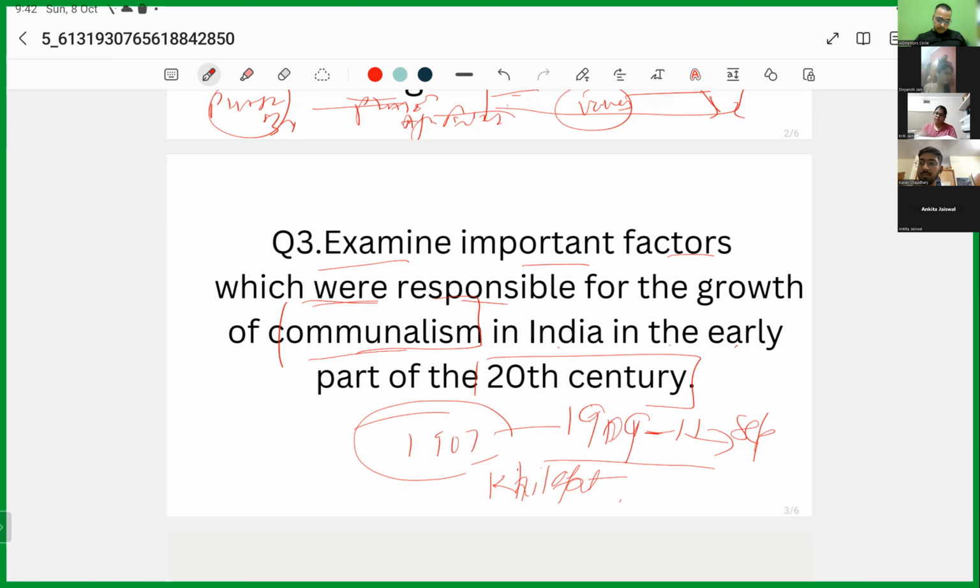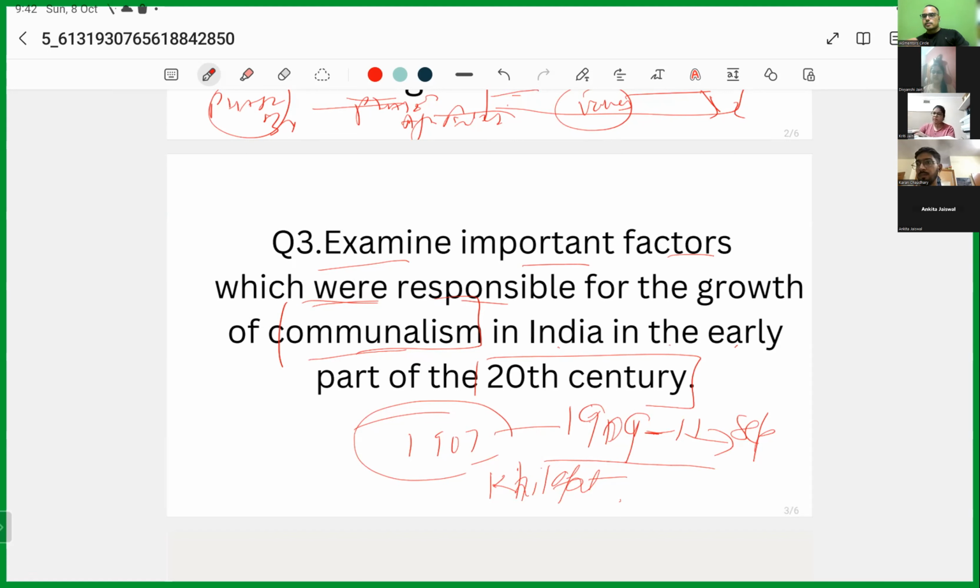Okay, then different parties, Hindu Mahasabha, Muslim League and all, so you have to mention them. First give the introduction, then mention the factors, enumerate 4-5 factors, then their examination: how they affected or how they were responsible for the growth of communalism.